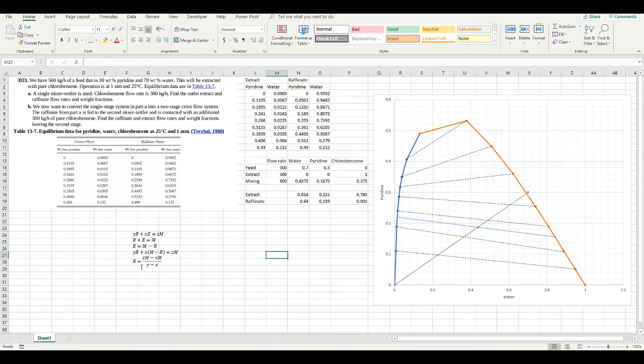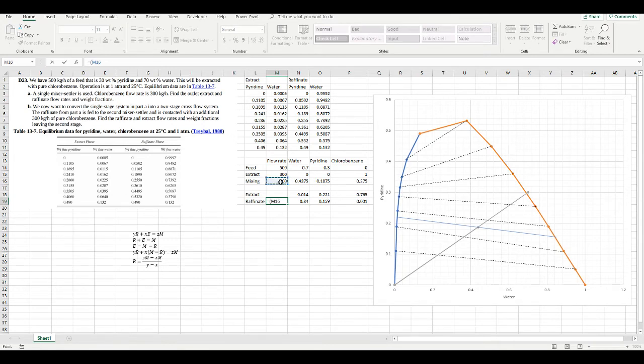By manipulating this, we simply get that R is equal to Zm minus Xm divided by the difference between the raffinate and extract compositions. So let's do that. Let's just take an arbitrary component, so let's take water.